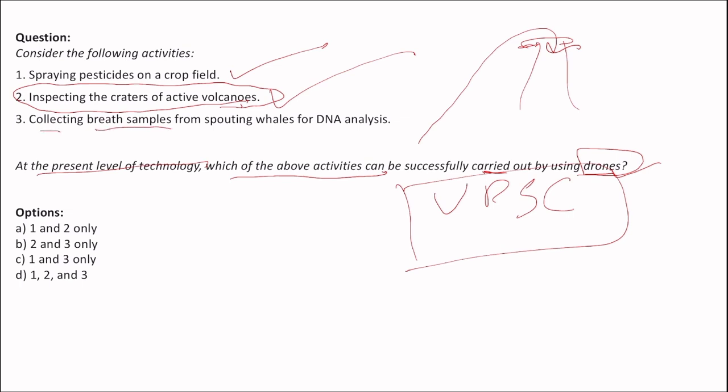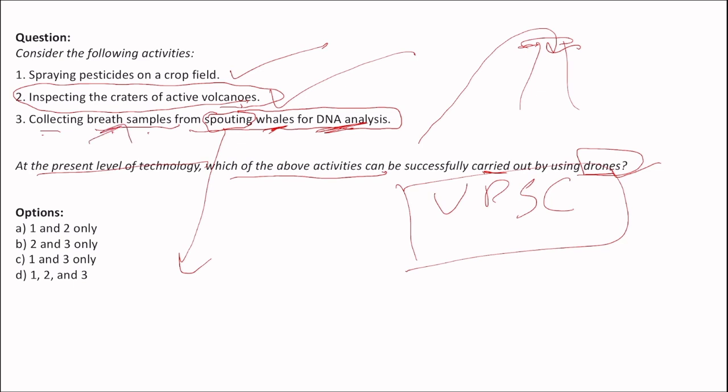Collecting breath samples from spouting whales for DNA analysis. You don't know what's a spouting whale. So put this word aside. I'll tell you later what is spouting, but for now think: collecting breath samples from whales for DNA analysis. When they are breathing, you can put your brain into imagination and think, can a drone go till there, and can we sense its breath?